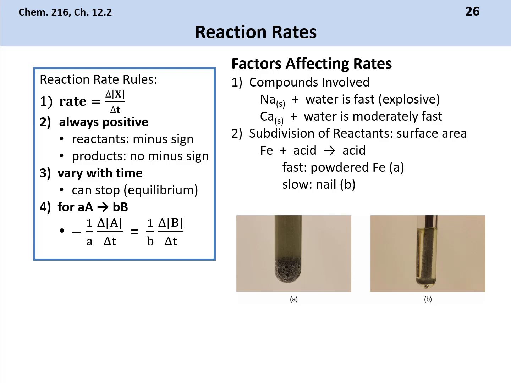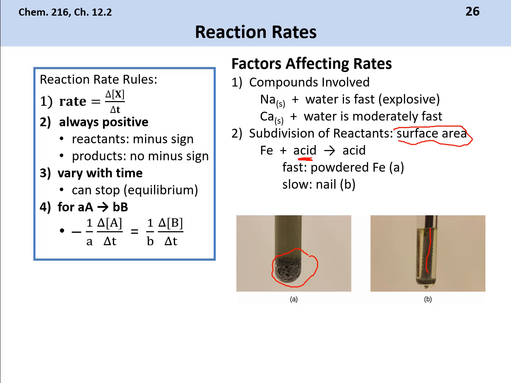The second thing we should know is subdivision of reactants, right? The surface area. So let's say I have iron reacting with acid. The acid is going to eat that away, right? This reaction occurs fast if I use powdered iron, whereas if it's a nail, it's going to be very slow.